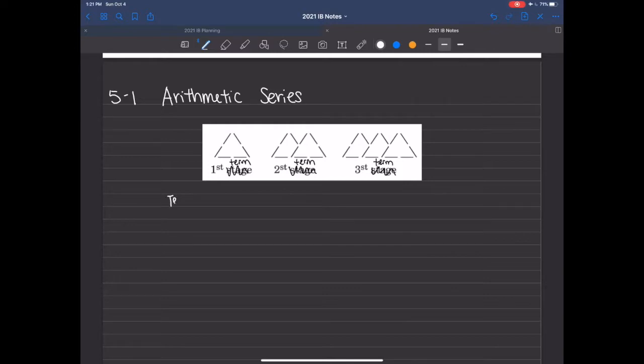So if we have terms and we have the number of sticks. And in our arithmetic sequence language, we would call the term numbers the positions, and the number of sticks is our values.